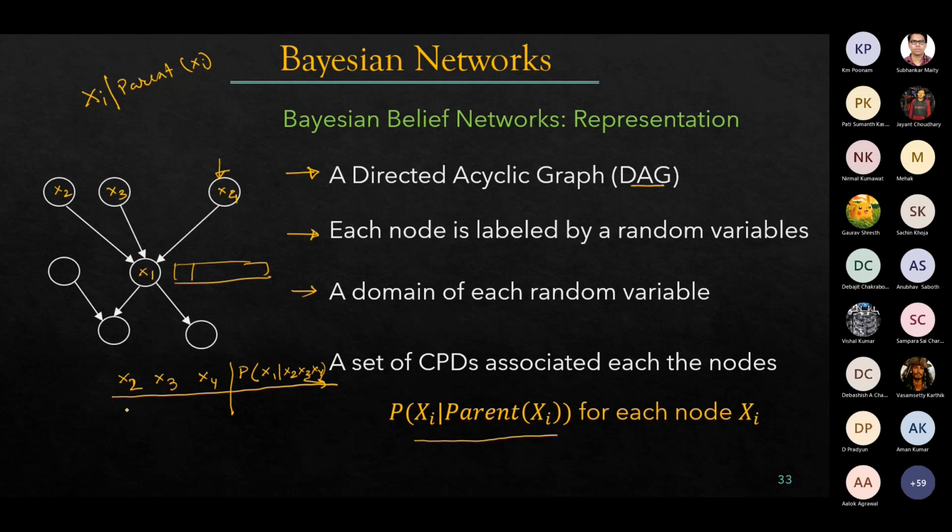So what are the contingencies that we have? We have, say, true, true, true, and a probability value here. We have true, true, false, with a probability value here, and so on. With three variables, we have 2 to the power 3 entries in this table. For each entry, each assignment, we have a conditional probability representing probability xi given parent of xi.